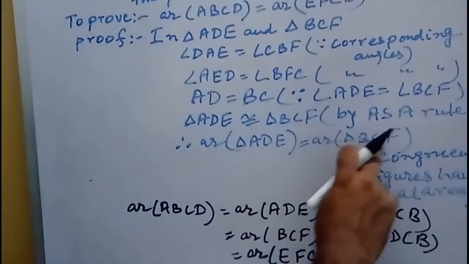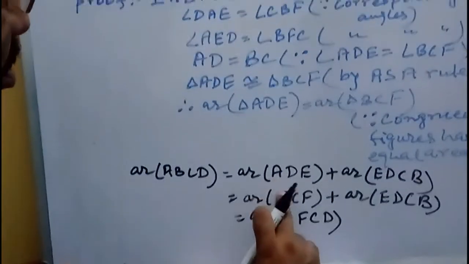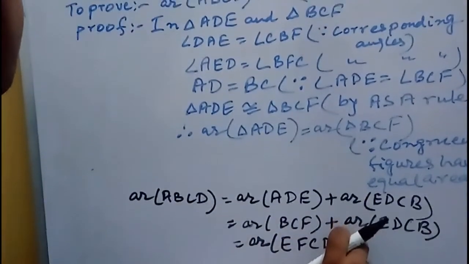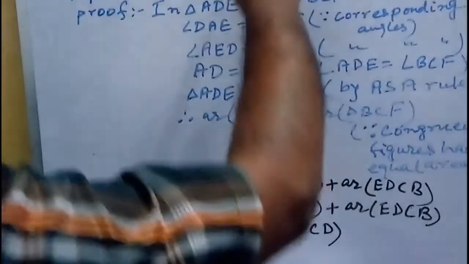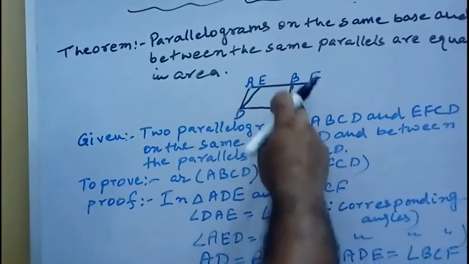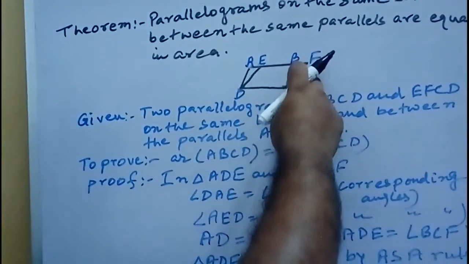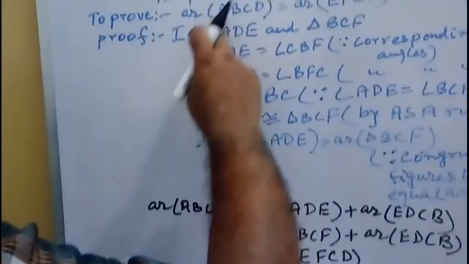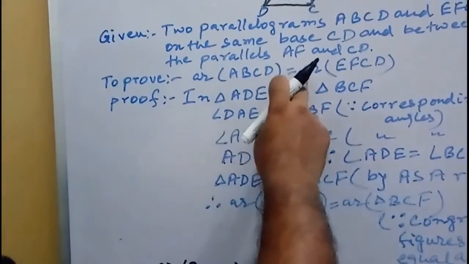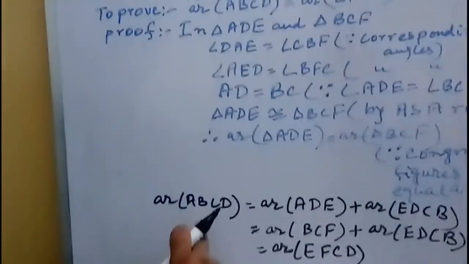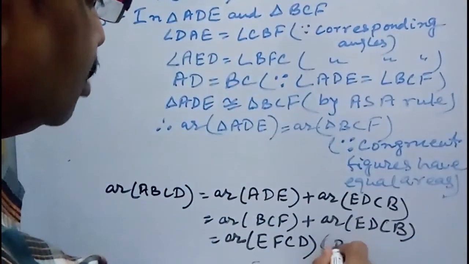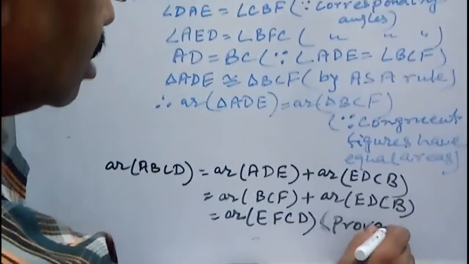So area ADE is equal to area BCF, so we write BCF in place of ADE, plus area EDCB. If you combine EDCB with area BCF, this becomes EFCD. As we had to prove, area ABCD is equal to area EFCD. Proved.